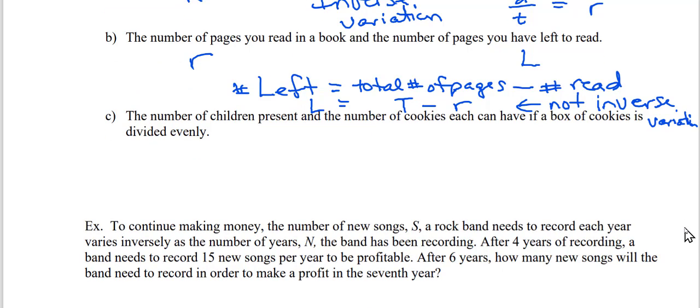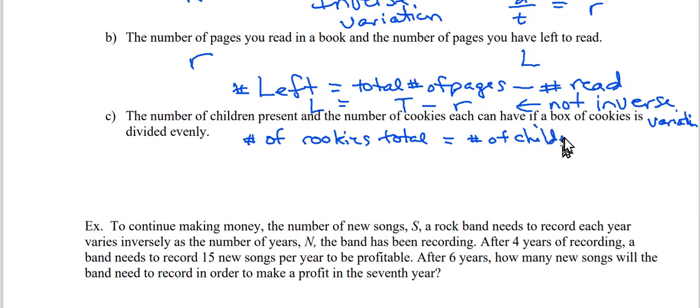The number of children present and the number of cookies each can have if a box of cookies is divided evenly. Well, a box of cookies has a fixed number of cookies, right? Number of cookies total. And if you're dividing it evenly, the number of cookies total has to equal the number of children times the number of cookies each, right?